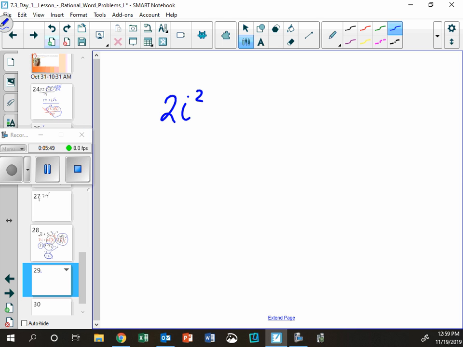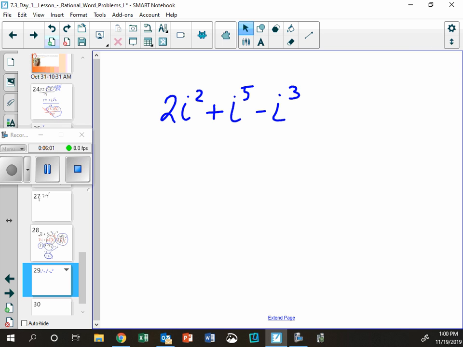2i squared plus i to the fifth minus i to the third. Pause for a second while you give that one a try. Okay. 2 times negative 1 plus i squared.